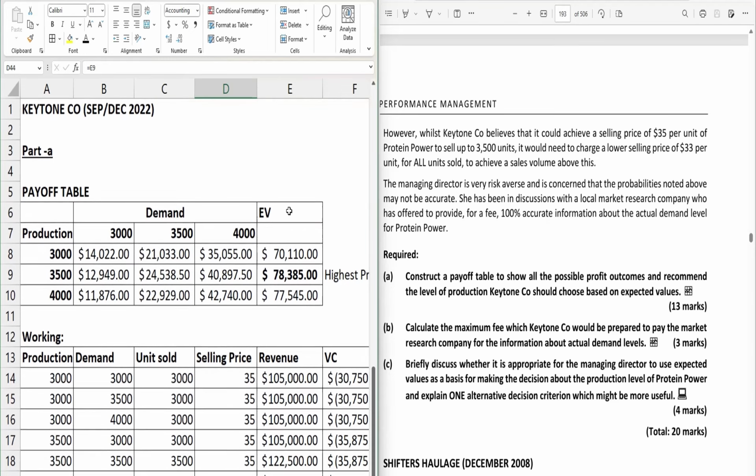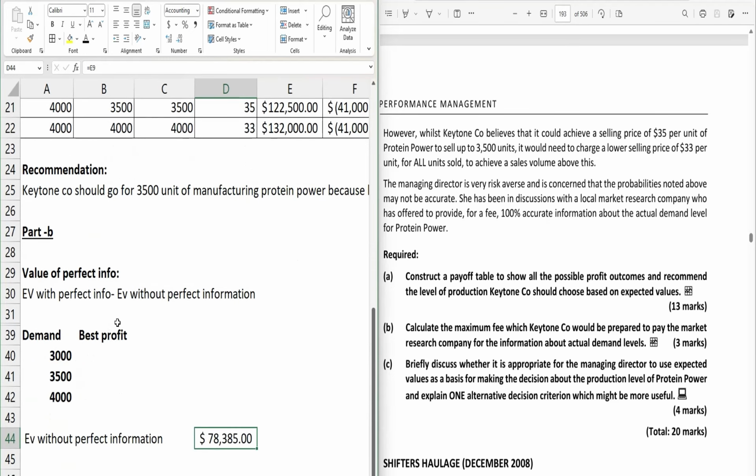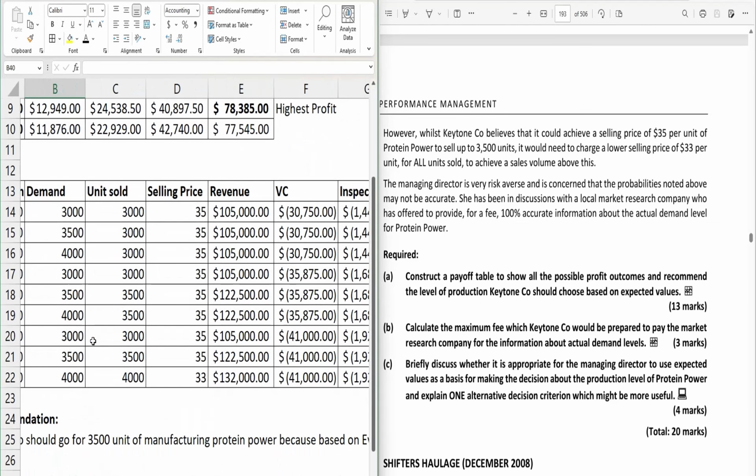You can see we have highlighted our answer. Now we have to perform the calculation for the expected value with perfect information. If we know our demand is 3000, how much would be the best profit? We will choose the best profit.